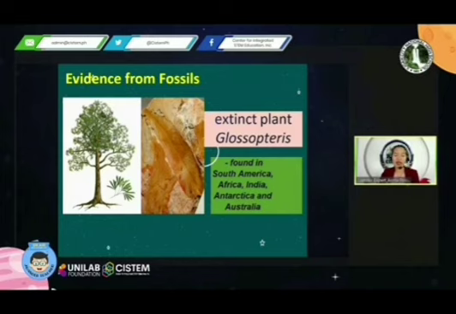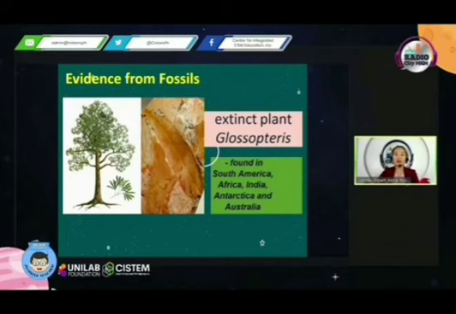Kung iisipin natin, napakalaki ng mga seeds na ito for them to travel, or it is not possible for the seeds of this plant to travel a long journey by wind or could survive a raft ride through the ocean. So napaka-imposible nun. So what does this one imply? So masasabi talaga natin na the continents before were once connected.